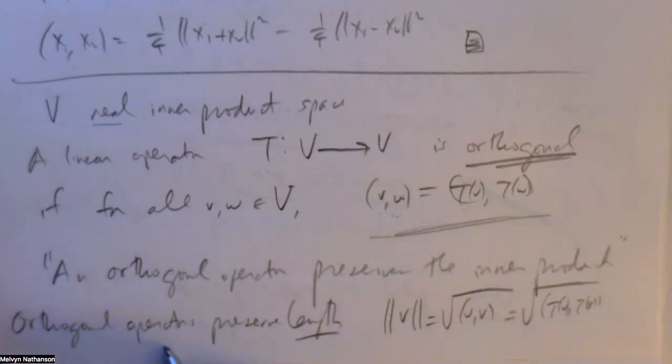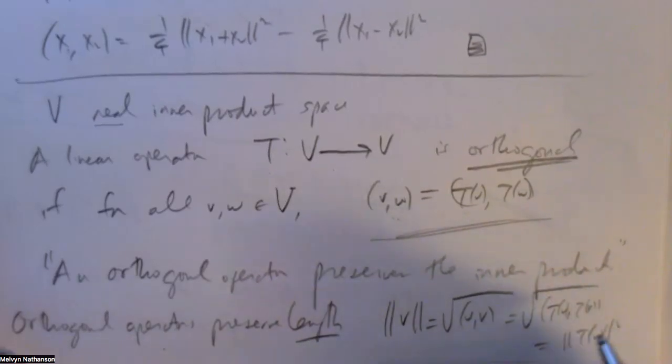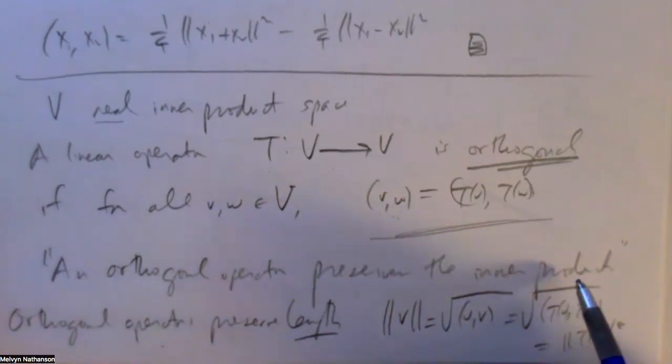Because an orthogonal operator preserves the inner product, but this is the length of T of v squared. So that's the length of T of v. So if you have an orthogonal operator, it preserves the length of a vector.